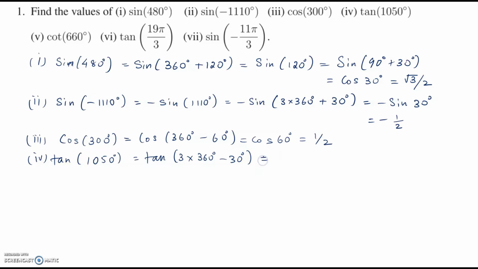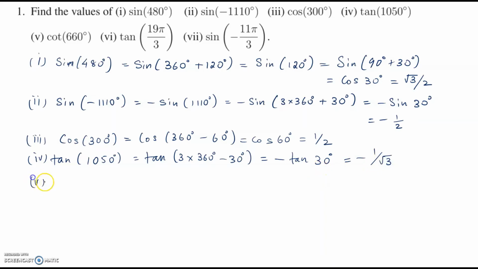We know that tan 360 minus theta will be minus tan theta. So this is equal to minus tan 30 degrees. And tan 30 degrees is 1 by root 3. So it's minus 1 by root 3.